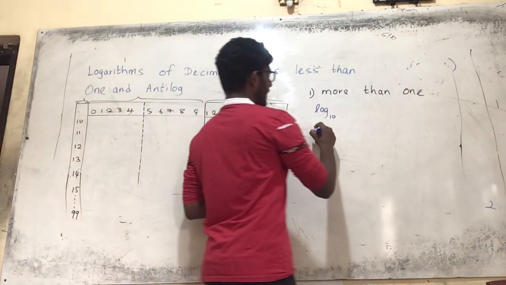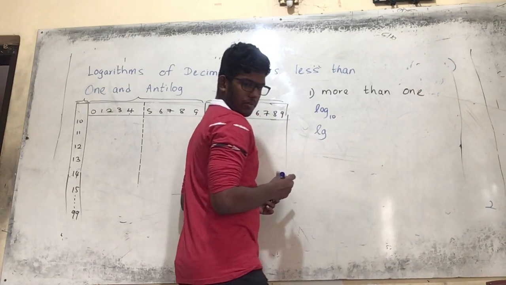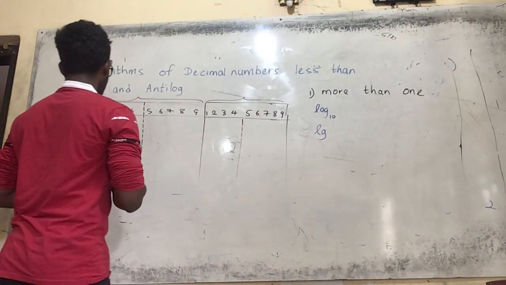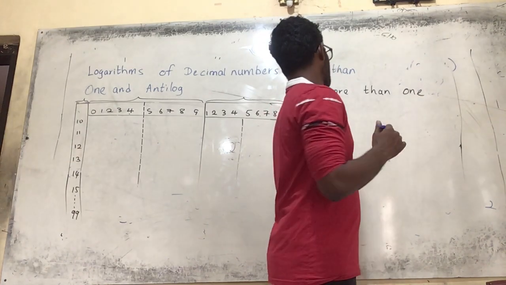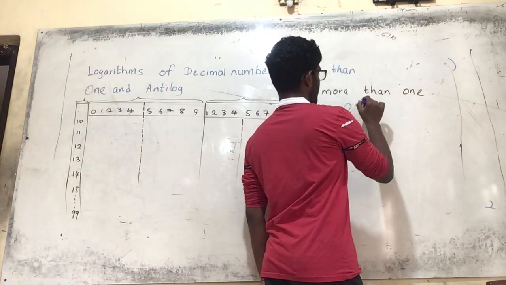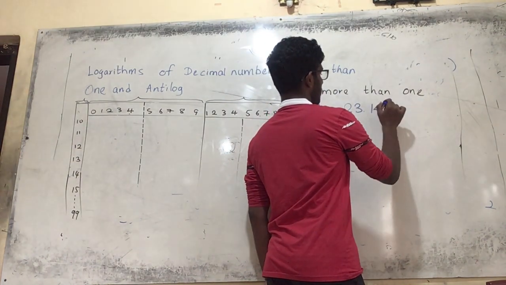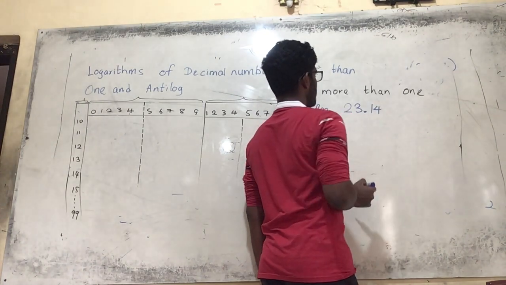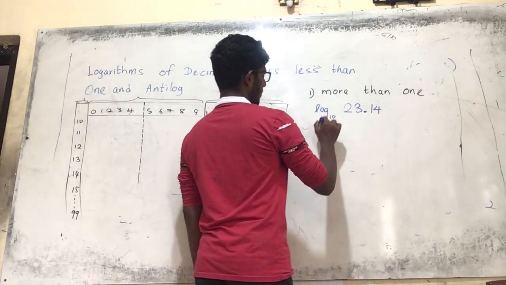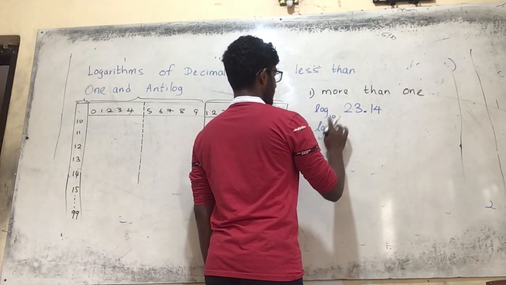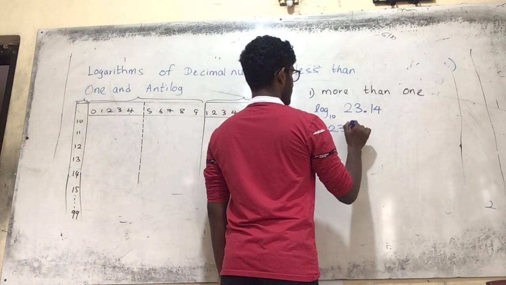You can write LG if you want. I will take 23.14. I am trying to get the log value of this number, log to the base 10.